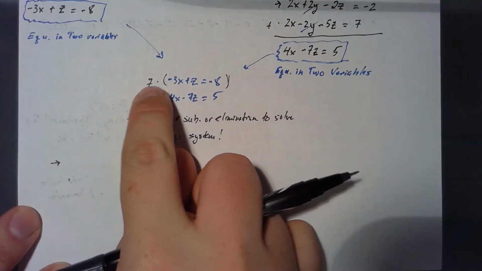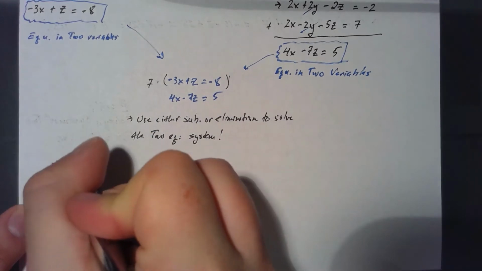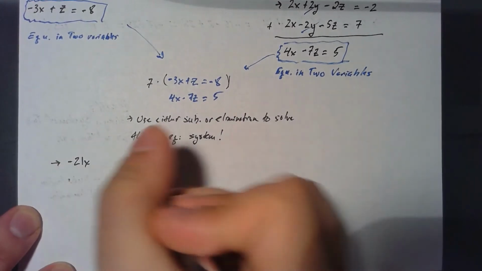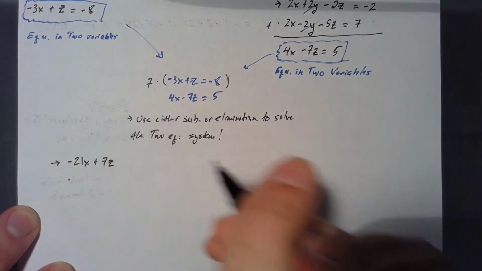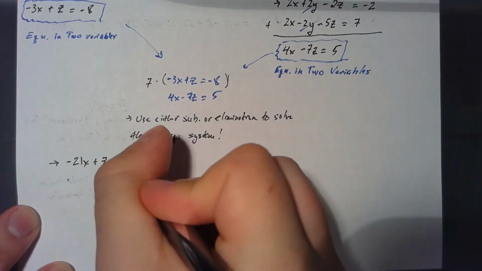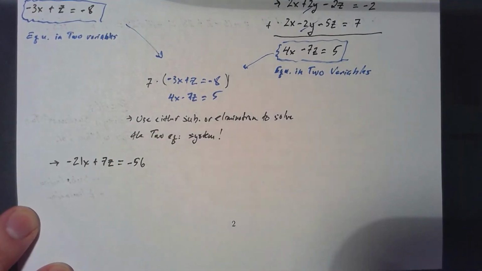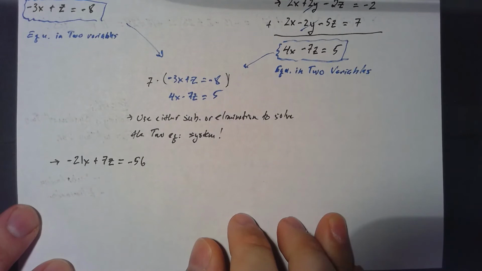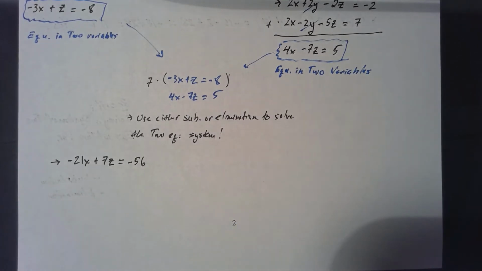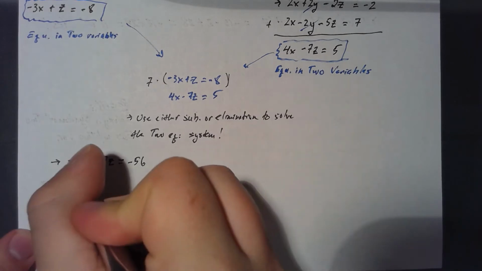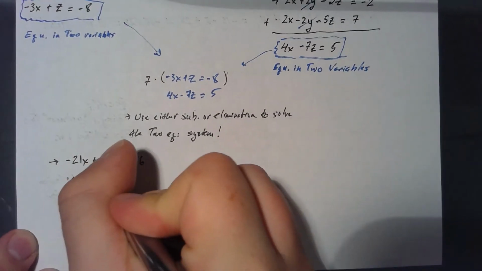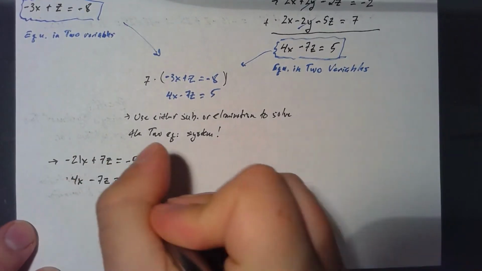So when I multiply 7 throughout here, I'm going to get negative 21x plus 7z equals negative 56, right? And then I'm going to have 4x minus 7z equals 5.